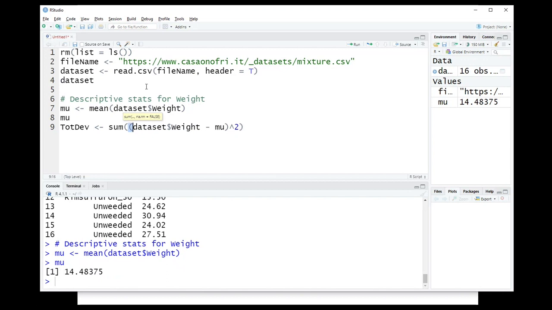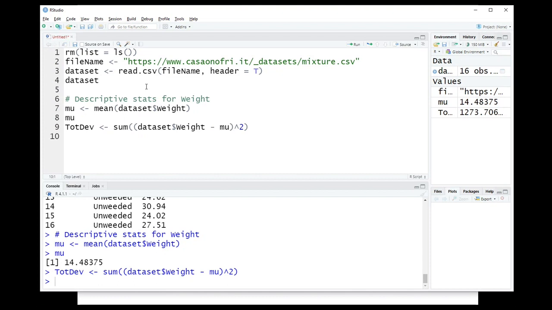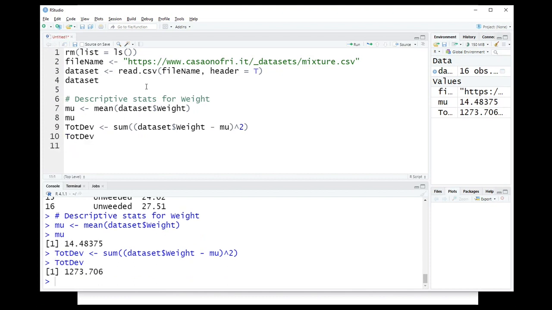Then, see that there are brackets here, and the result is squared. And then we sum all the squares. So we get the total deviance, which is equal to 1263.7.